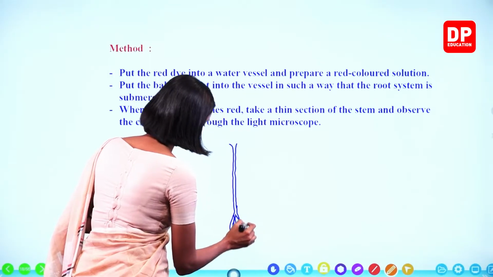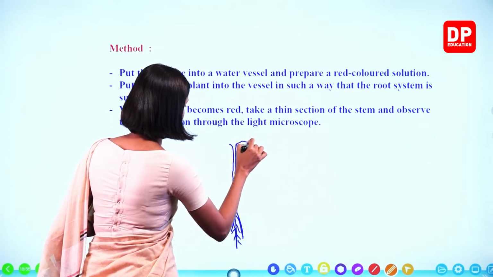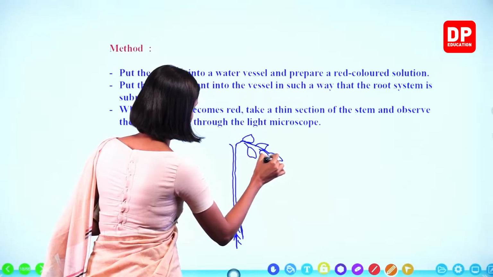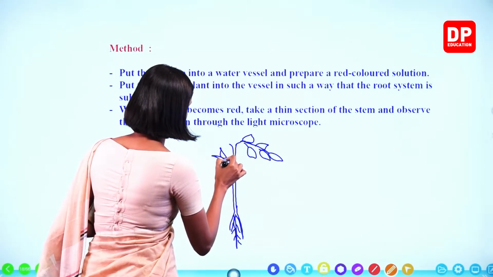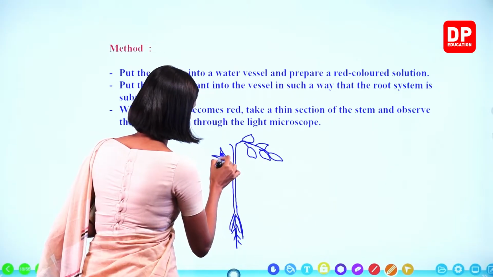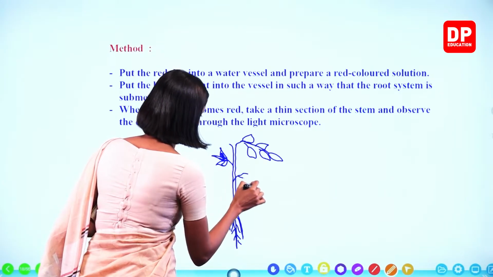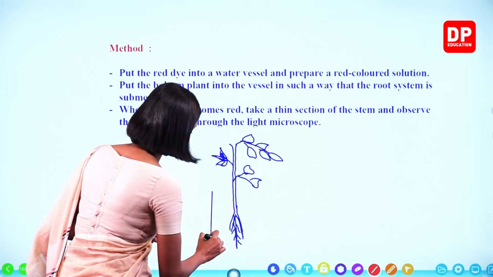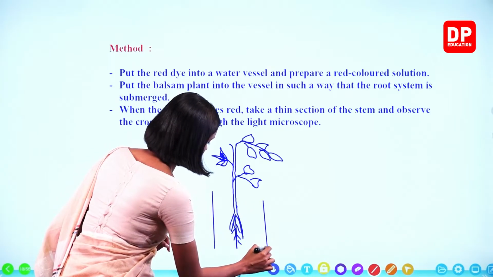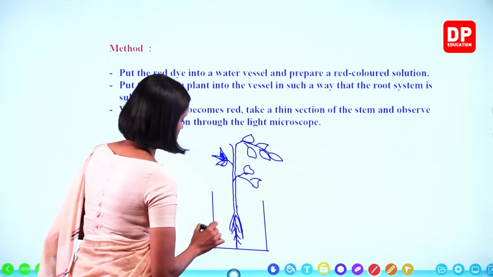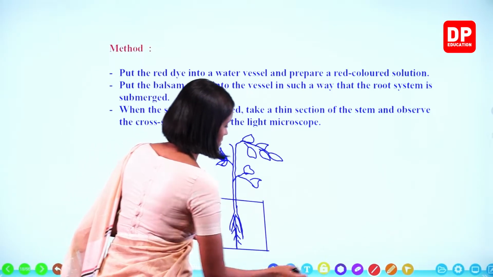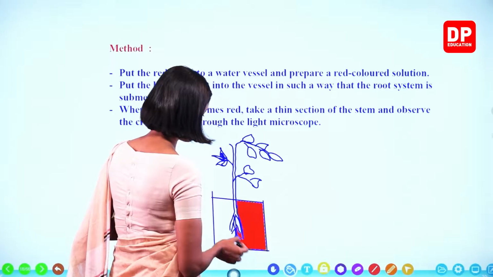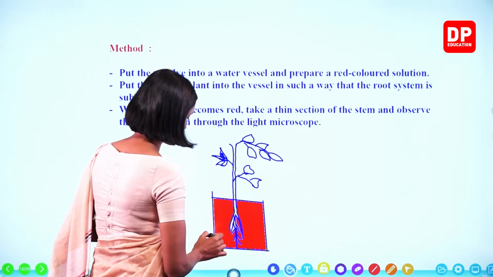And then you have to immerse this plant in a glass of colored water.